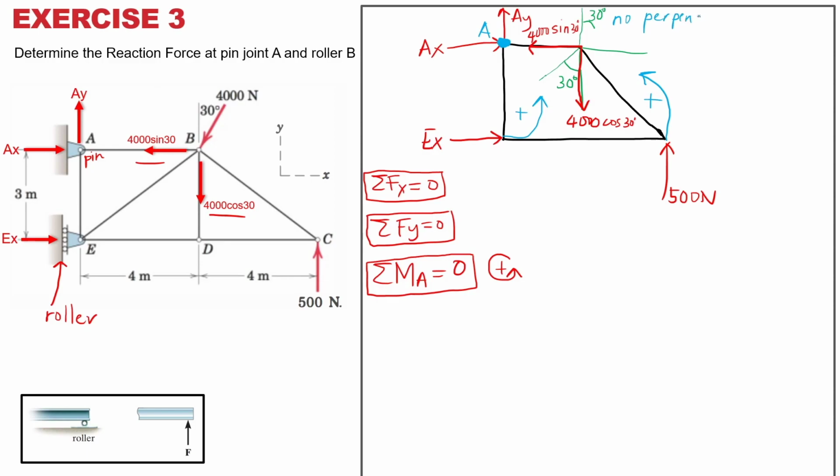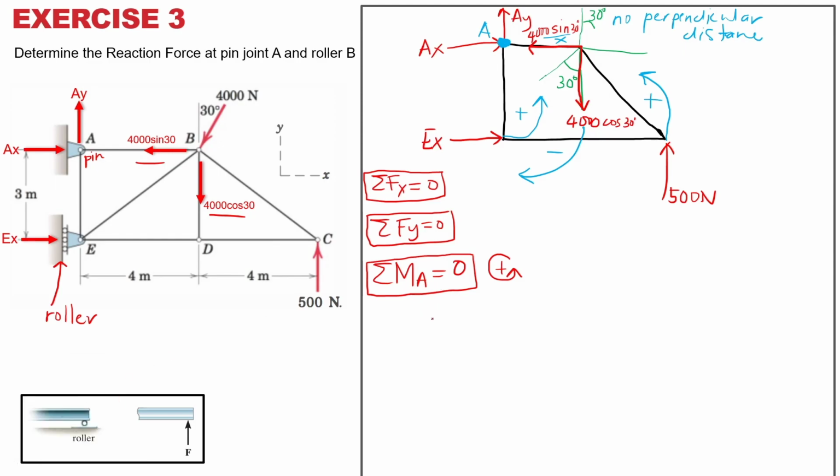There is no perpendicular distance, 90 degrees, remember? So kalau kali dengan 0, dia akan jadi nothing. 4,000 cos 30 degrees, dia akan jadi negatif, sebab dia clockwise. 4,000 sin 30 ni tak ada.